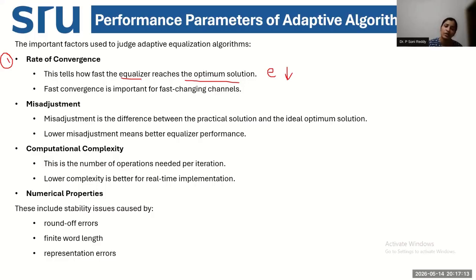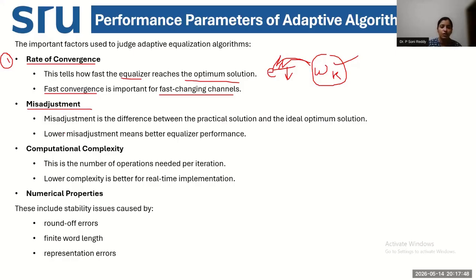The equalizer will understand the channel and try to minimize the error by choosing the value of the constant factors Wk. The faster it updates the value of Wk and minimizes the error, the closer it is to the optimum, best solution. So fast convergence means that even for a fast channel, it is able to track, update the Wk value, and minimize the error fast. This is called the rate of convergence.